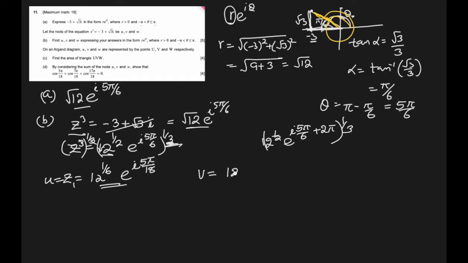It will become again 12 to the power 1/6 as usual, like before, but the new angle will be 5 pi by 6 plus 2 pi. Let me add them: 6 times 2 is 12, 12 plus 5 is 17. So let me write straight away 17 pi by 6.